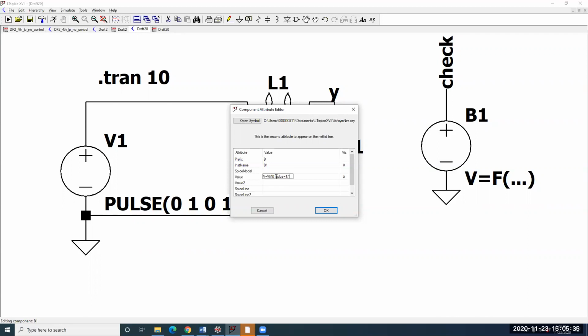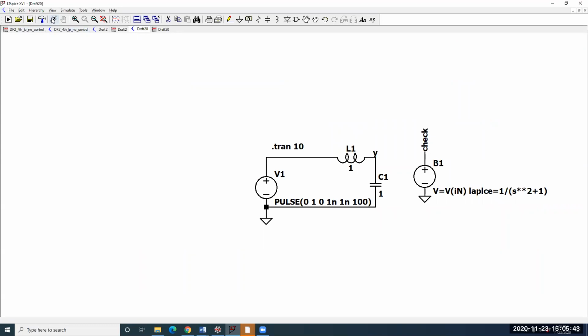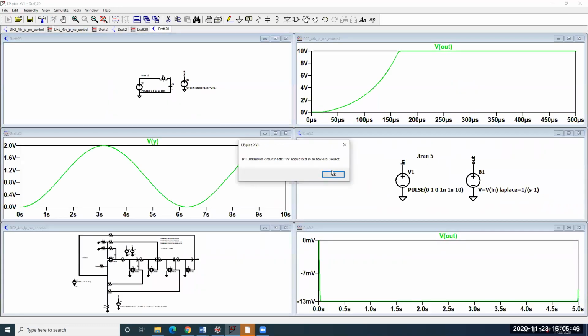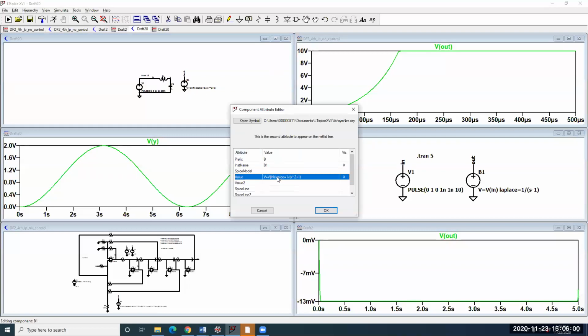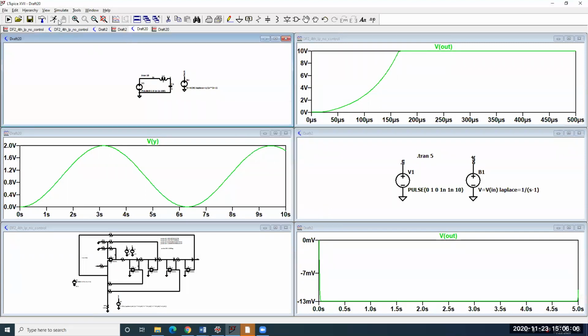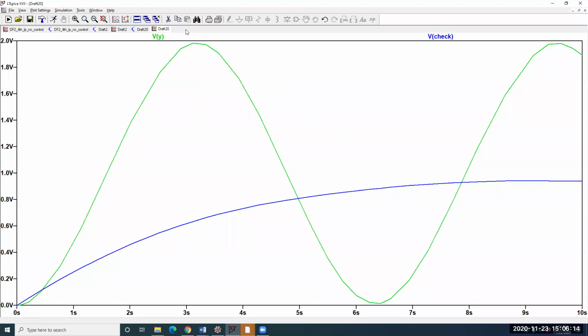Laplace equals 1 divided by S squared plus 1, right? So we should get the same thing. Oops. Can't spell today. So you can see we're not getting the same thing.